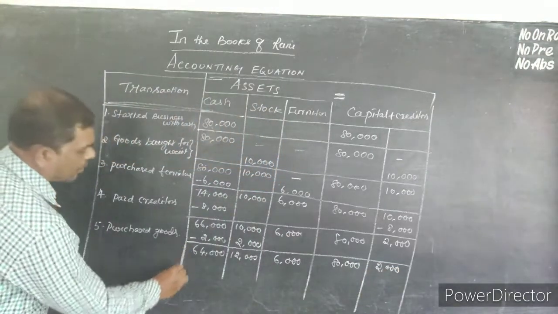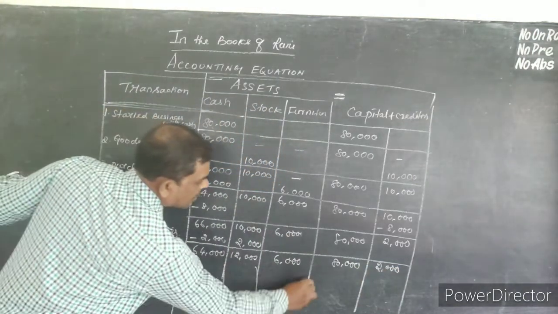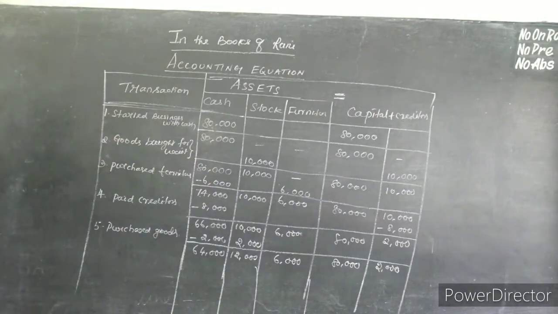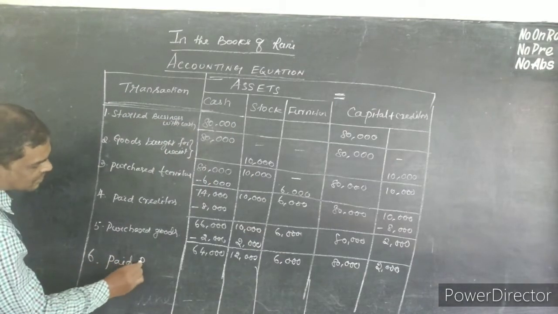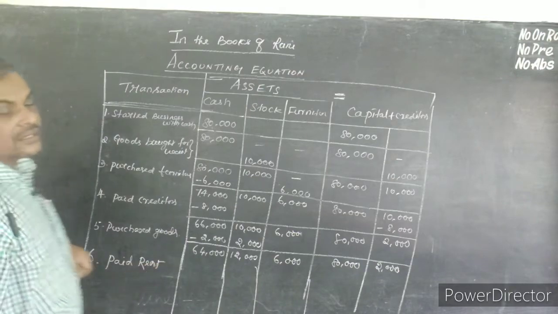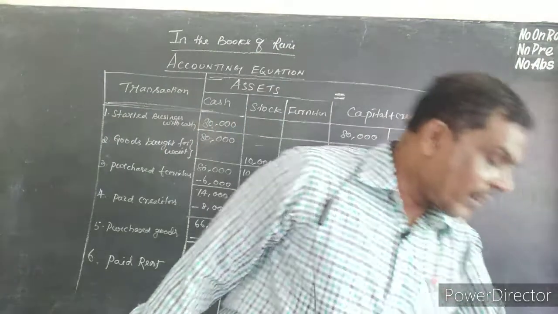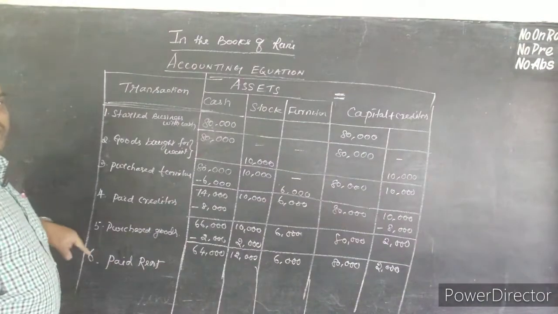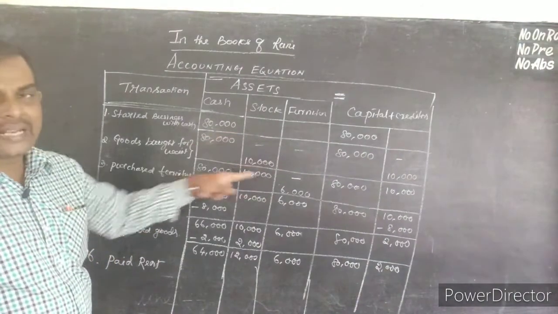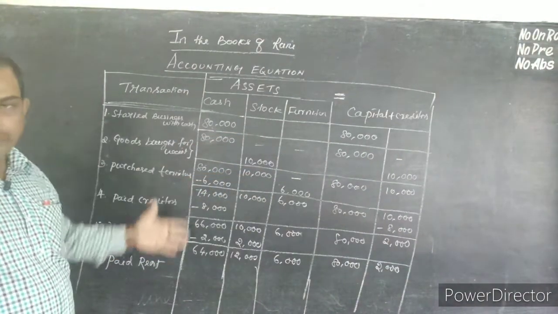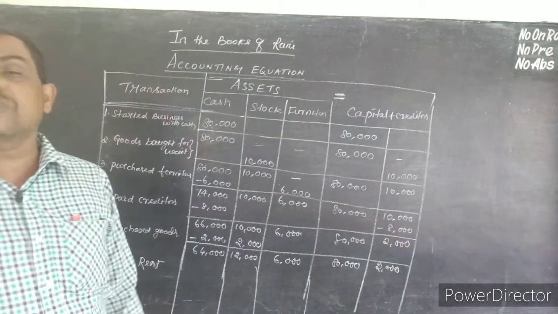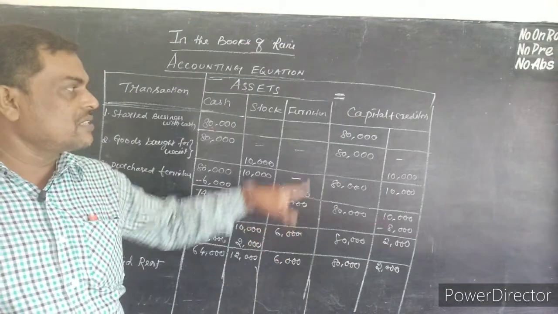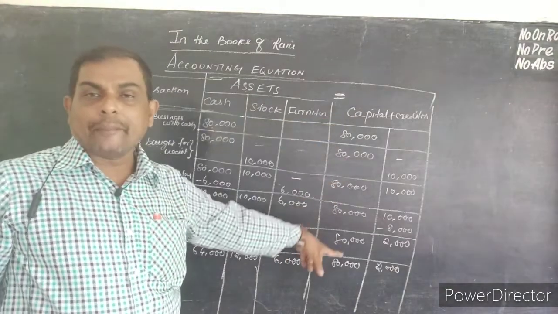The last entry is paid rent by cash. How much? Rent is rupees 500. It will give the effect only in capital and cash. You are paying rent, so cash will be reduced, and likewise your capital will also reduce. Any expense given in the transaction, you give the effect in capital.